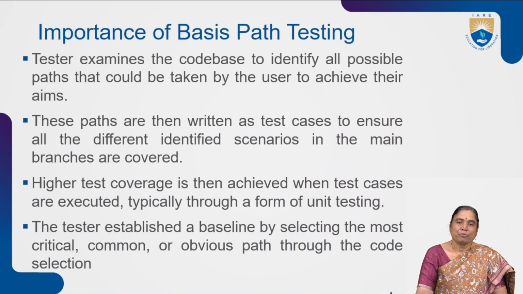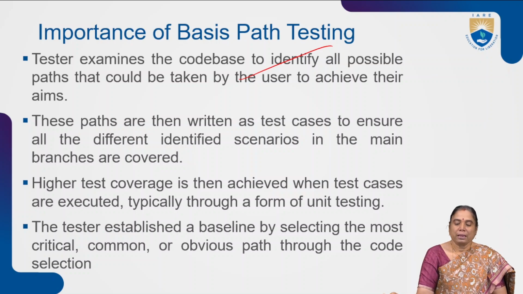The importance of basis path testing is to examine the code base to identify all possible paths that could be taken by the user to achieve their aims. So from the starting point of the program execution until the end point, the alternative paths of the program flow can be identified, and test cases must be written to exercise each independent path.